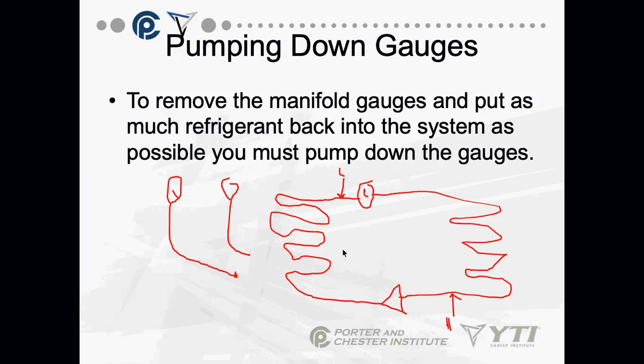I heard 2 different answers here, and one was correct. Let me go back. When you come out of your condenser, what is the state of refrigerant? Liquid. So if I have my high side gauge on my liquid line, coming out of the condenser, what's the state of refrigerant in that gauge? Liquid. Everybody understand that? Because somebody did say vapor, and I just want to make sure you got it.